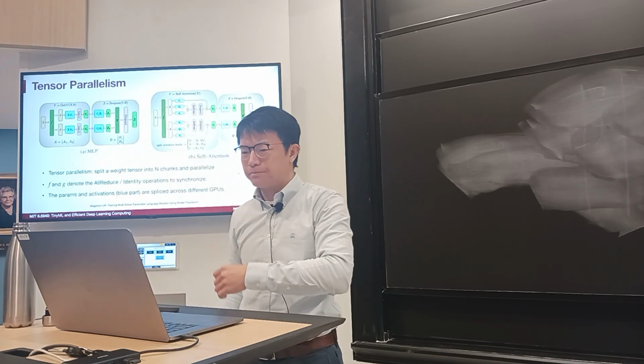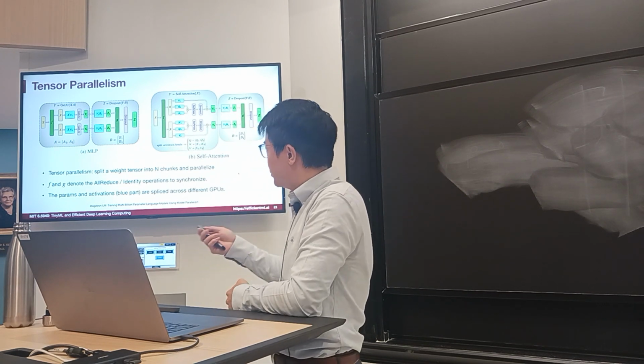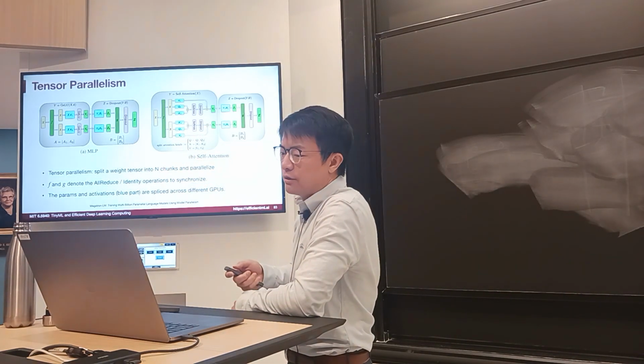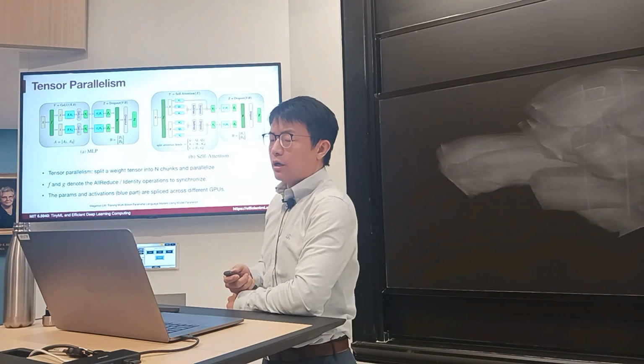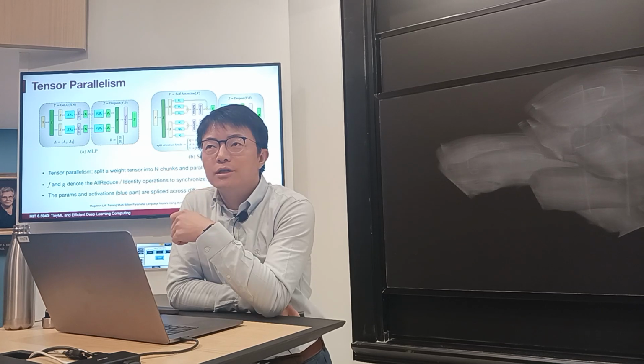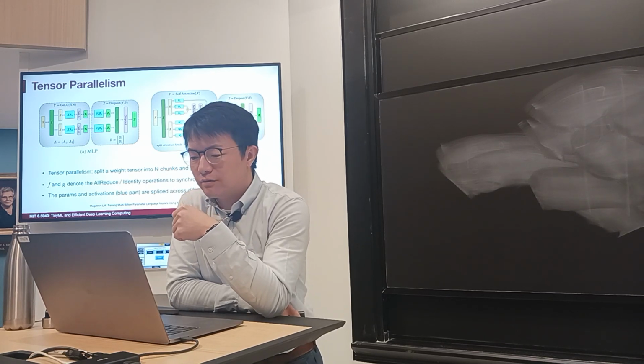This is an illustration of tensor parallelism in Megatron, including both the MLP layer and the self-attention layer. What do we want to minimize here? We want to minimize the communication, since compute is cheap and communication is expensive.